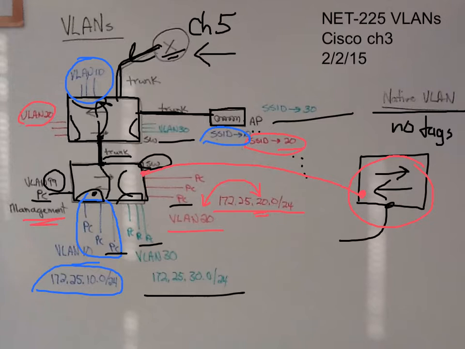So everything would have that same network, 172.25.20.0, and the mask there is 255.255.255.0, or /24. They could all communicate with the switch and everything in the red VLAN.